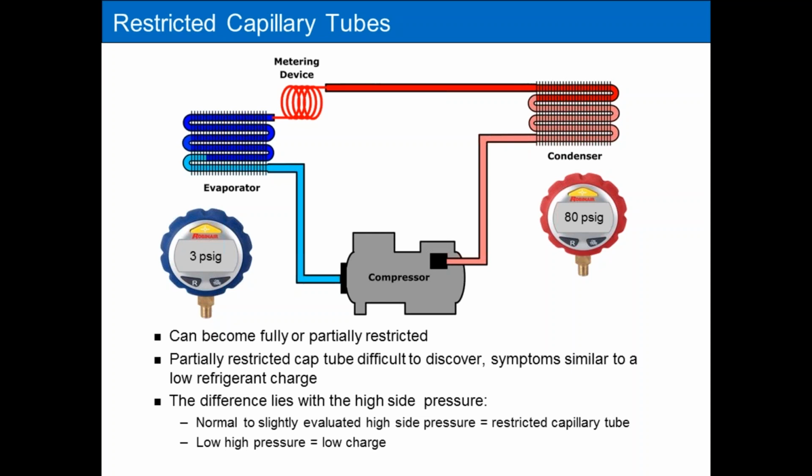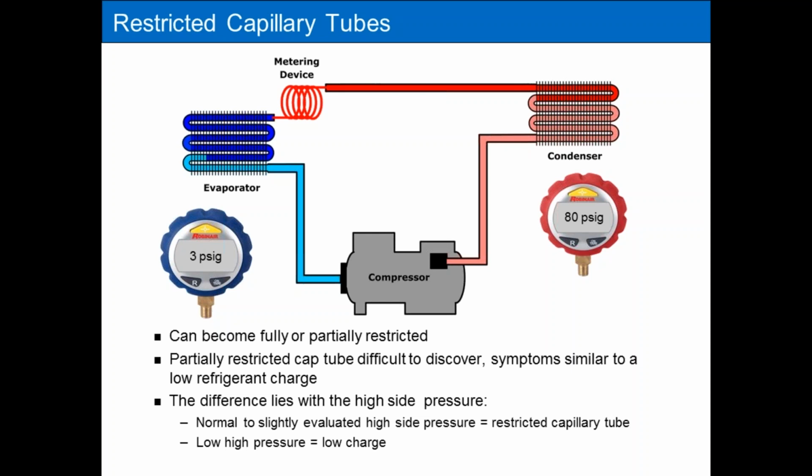Sometimes you're not going to be able to distinguish normal discharge from slightly low discharge, so you're not 100% sure. What you can do is put a little refrigerant in, but weigh it in. Put a couple ounces of refrigerant in and see what happens. If you see the system starting to work normally, then it was a low charge.